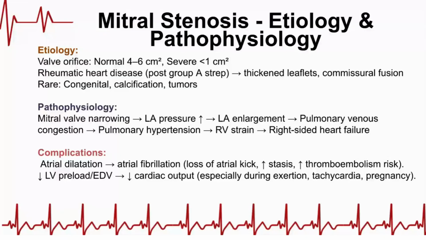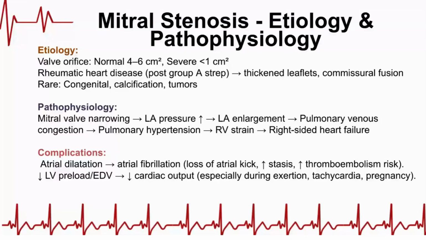Now, before looking at the pathophysiology, I want you to cast your mind back to the systemic and pulmonary circulations. Just remember that pulmonary circulation is in a loop. Now, when we look at the pathophysiology, we have the mitral valve narrowing, or mitral valve stenosis.